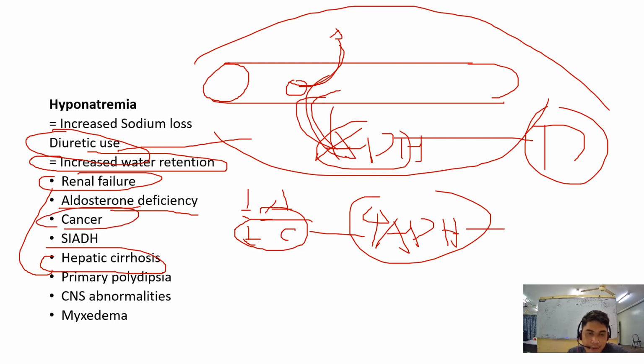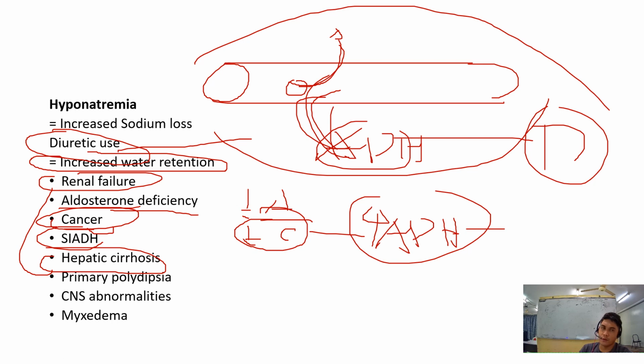Next, cancer. Cancer is associated with SIADH, meaning syndrome of inappropriate ADH secretion. So what is syndrome of inappropriate ADH secretion? There's ADH secretion, but the cause of that ADH secretion is not the normal stimulus of ADH secretion, but other stimulus.